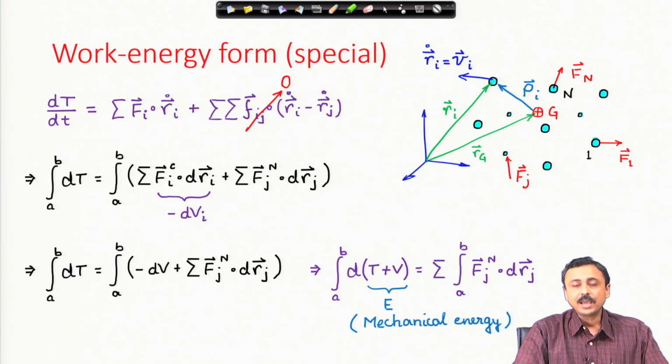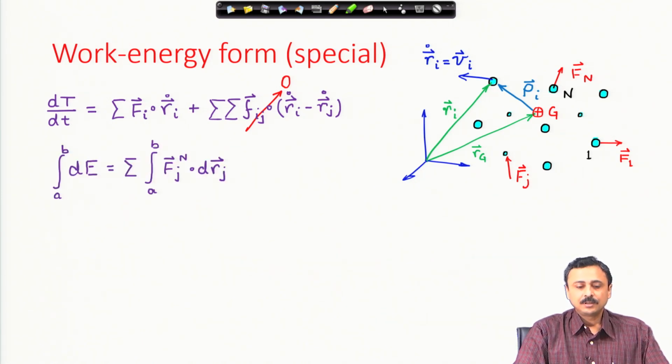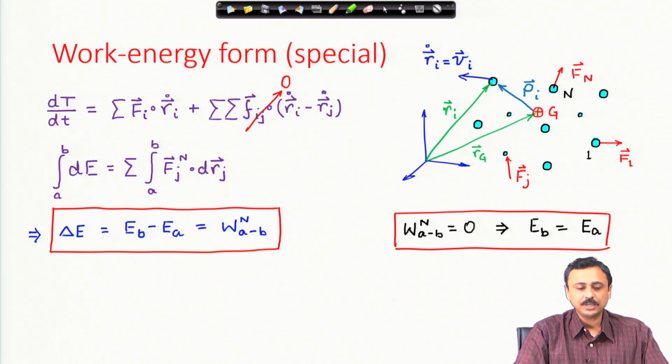So, F_j non-conservative dot dr_j, summed over all particles on which these non-conservative forces are acting. This is our final expression. Therefore, the change in energy dE integrated from A to B is equal to the summation of the work done by the non-conservative forces as the system moves from state A to state B.